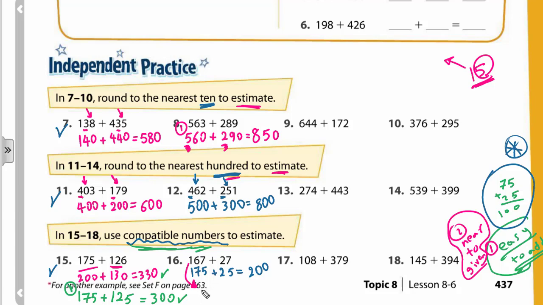Oh, that's far away from 167. That's very, very far away. You may use something like 150, 160, 170. And 156.